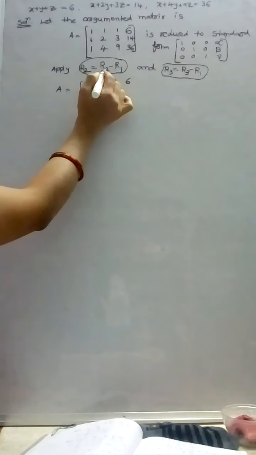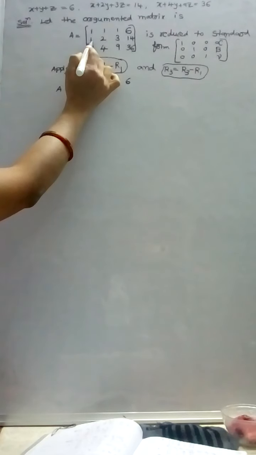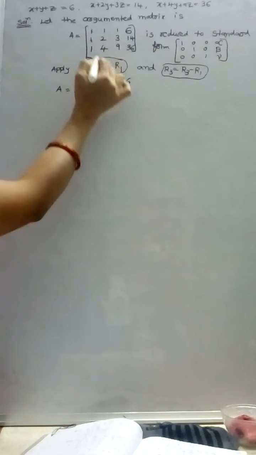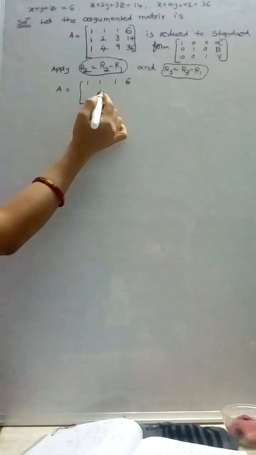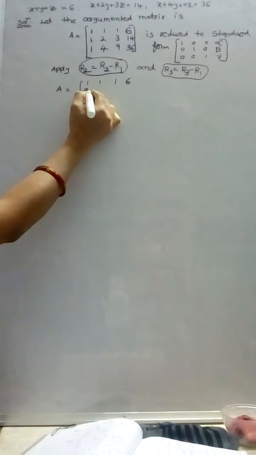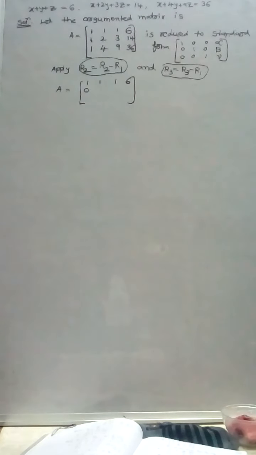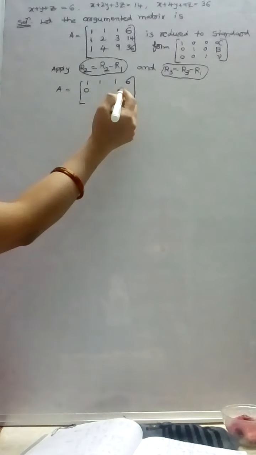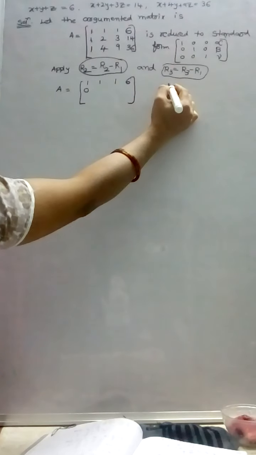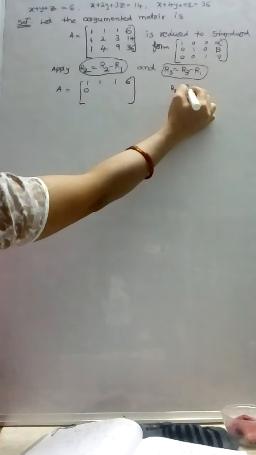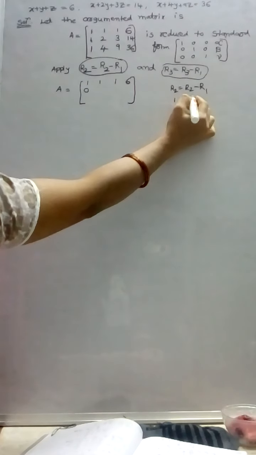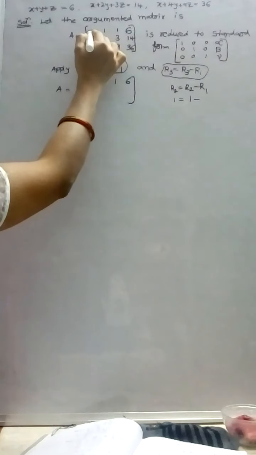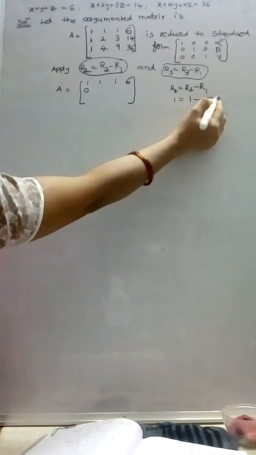The first element of R2 is 1 and the corresponding element of R1 is 1, so 1 minus 1 is equal to 0.